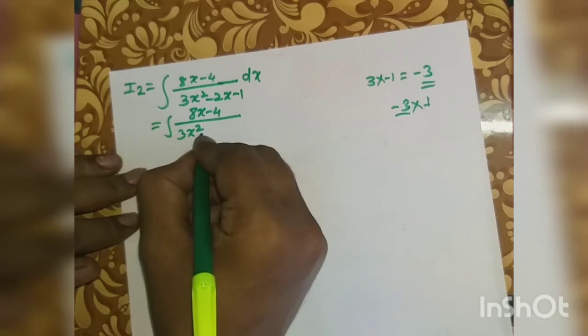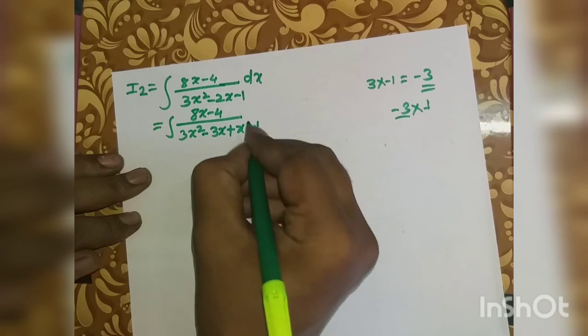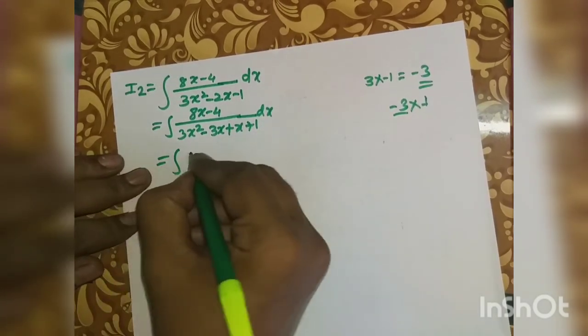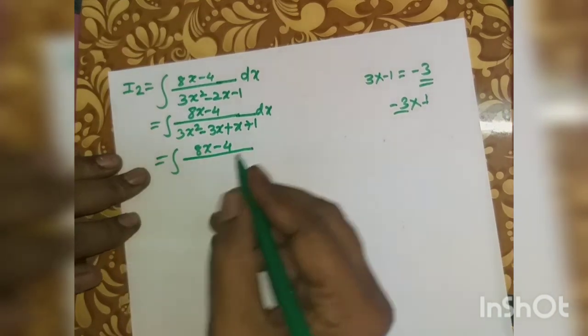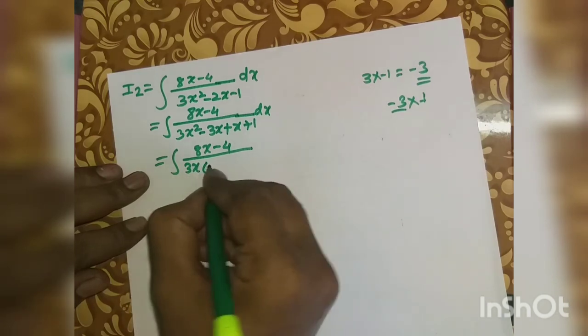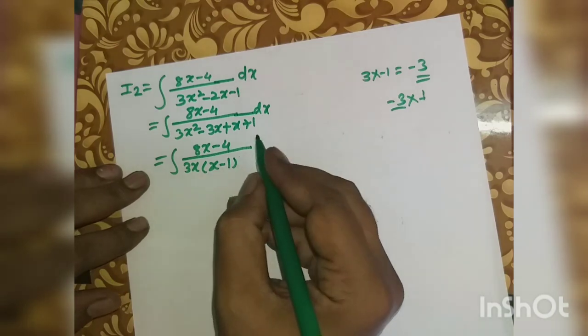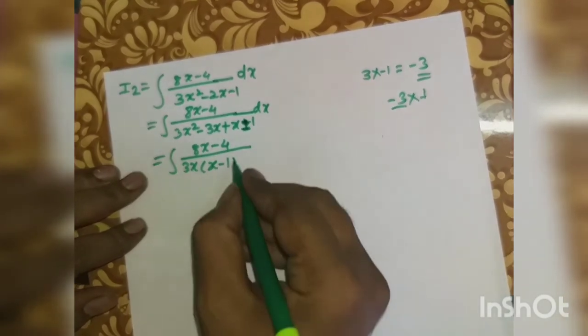So 3x squared minus 3x plus x minus 1 dx is equal to 8x minus 4 divided by, take 3x common, 3x bracket x minus 1, plus 1 times x minus 1. Here it is minus 1, not plus 1.